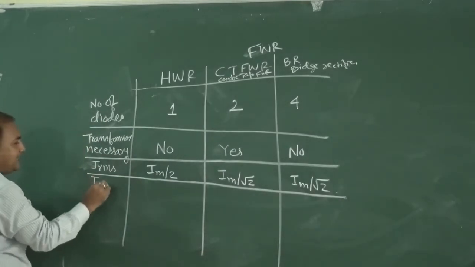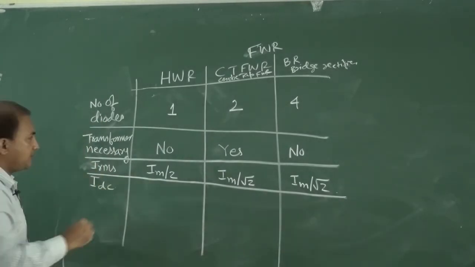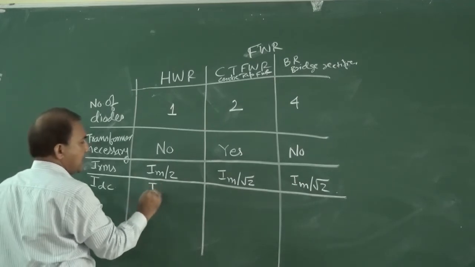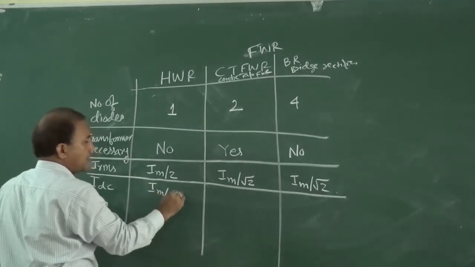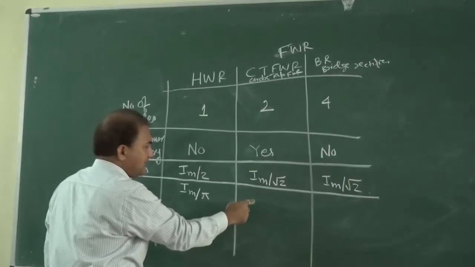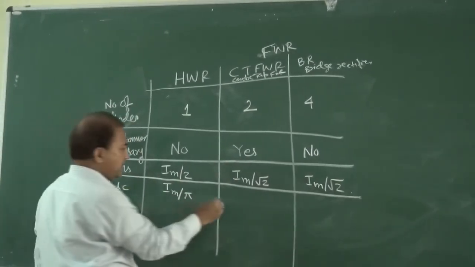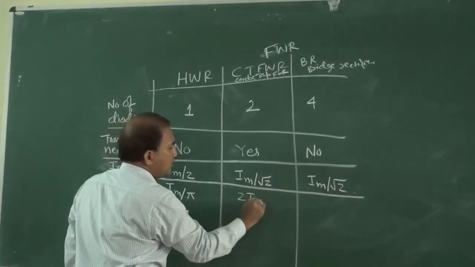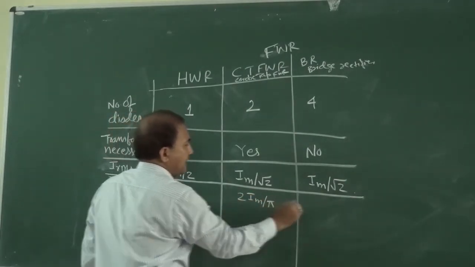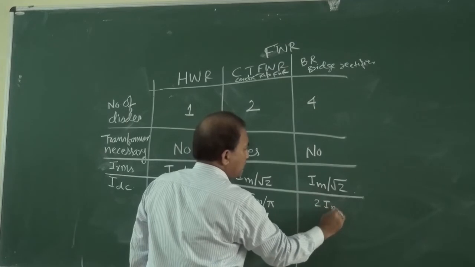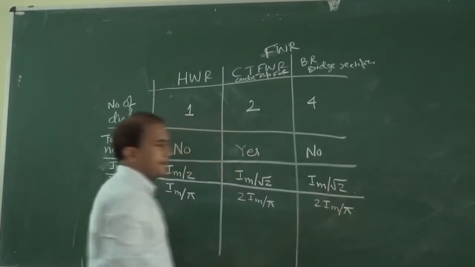Then we will see IDC. Here it is Im by pi, and here the DC component will be 2 times as compared to half wave. So it is 2Im by pi, and here it is again 2Im by pi.